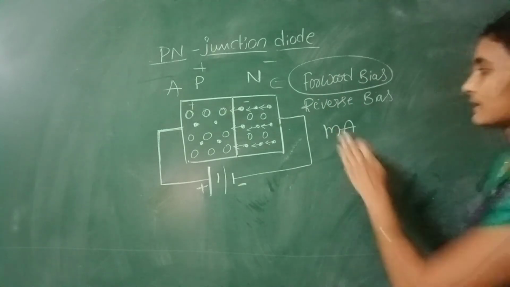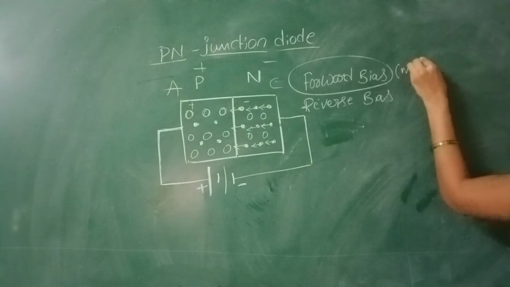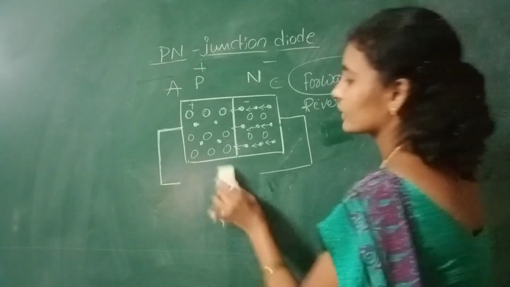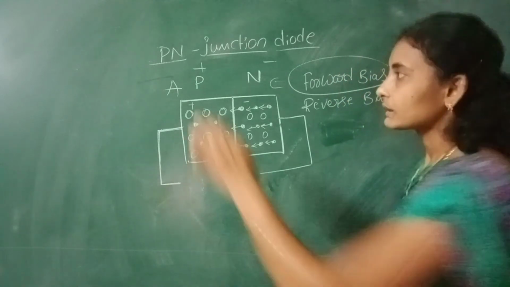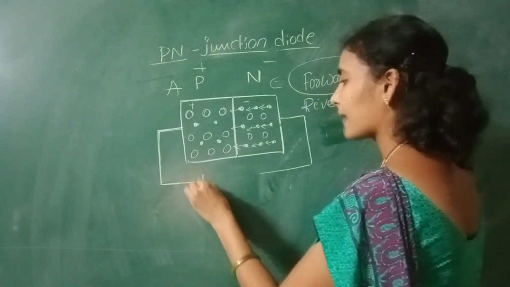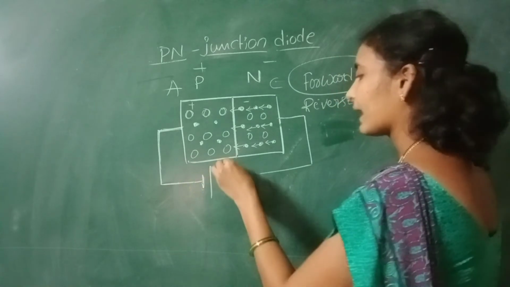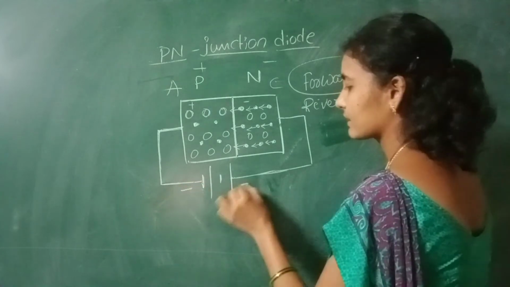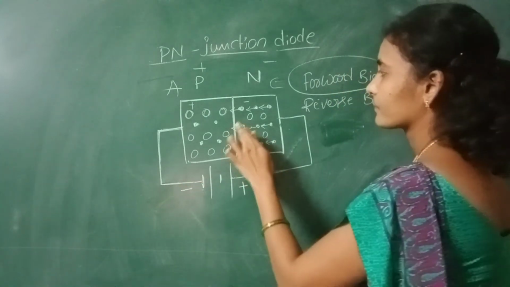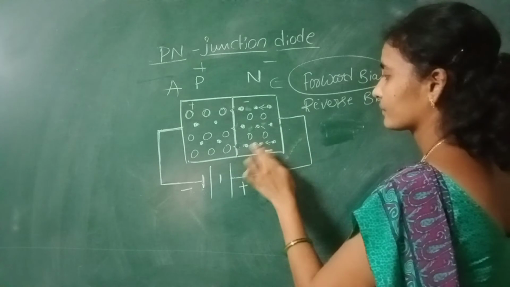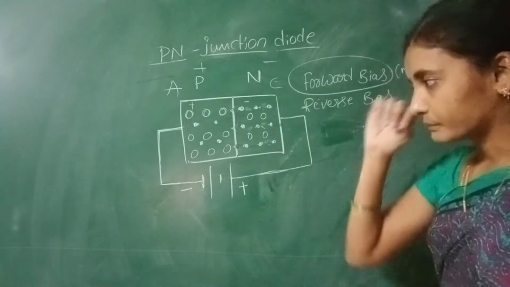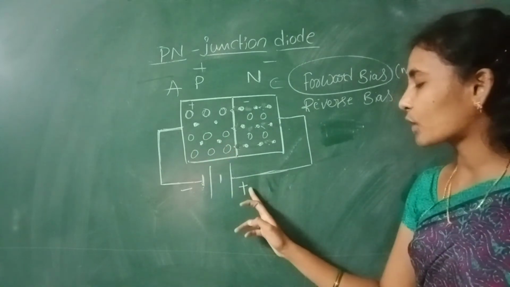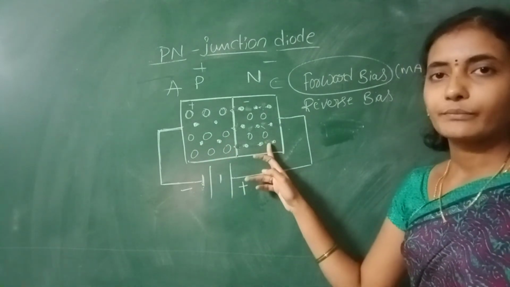Coming to reverse bias. Reverse bias means the battery is reversed. Here the P region is connected to the battery negative terminal and the N region is connected to the battery positive terminal, minus and plus. The battery negative terminal attracts the holes and the battery positive terminal attracts the electrons.